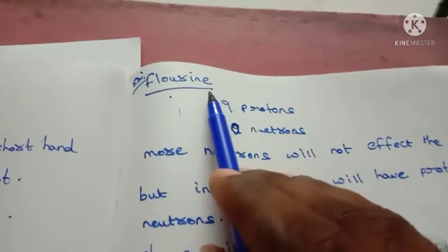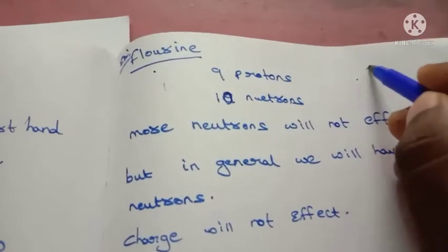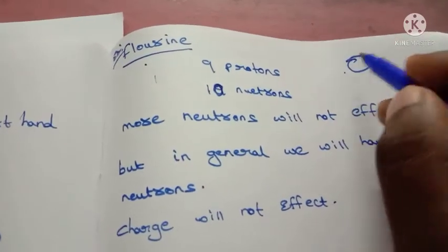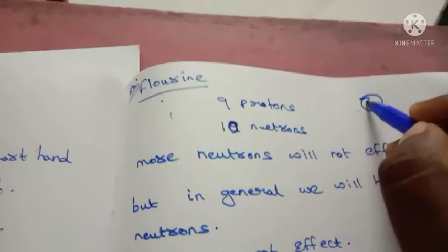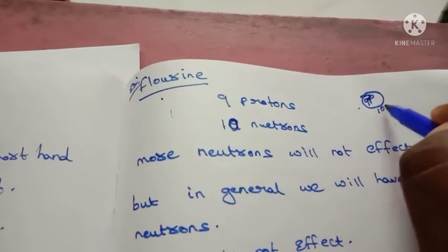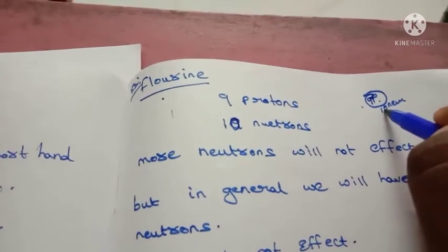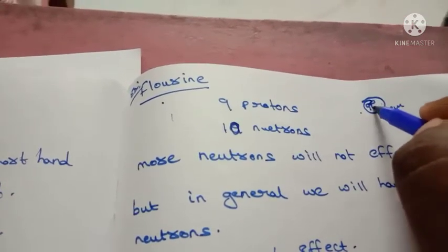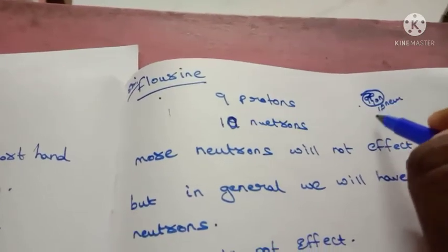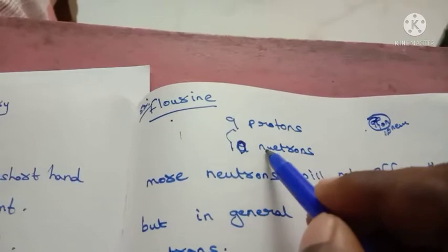Example I am showing you, see here, my dear children. Take the example of fluorine. In a fluorine atom, you have 9 protons and 10 neutrons. Due to lack of space, I am writing outside, but it is actually here only, 10 neutrons. So like this, you have 9 protons, 10 neutrons.